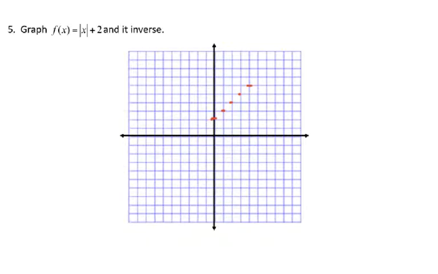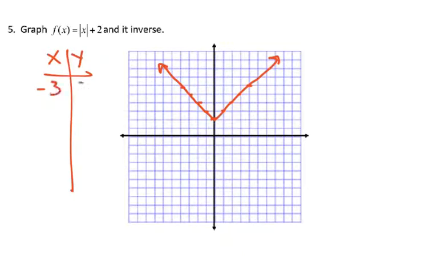If you're not sure what ordered pairs that graph goes through, just use your calculator. But I'm going to tell you that some of the ordered pairs on it are going to be (-3, 5), (-2, 4), (-1, 3), (0, 2), (1, 3), (2, 4), and (3, 5).